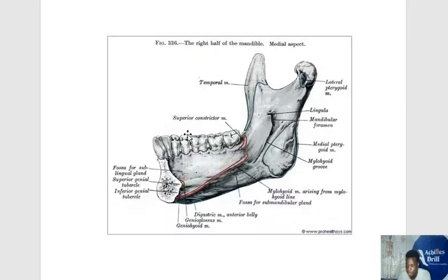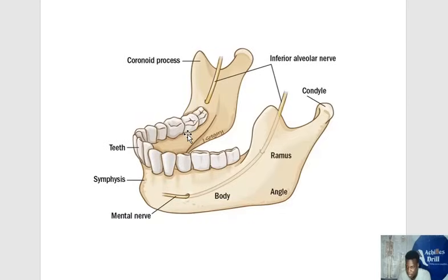Right here you can see the inferior alveolar nerve. Let me get red. The inferior alveolar nerve passes into the mandibular foramen right there, and then it will come out via the mental foramen.